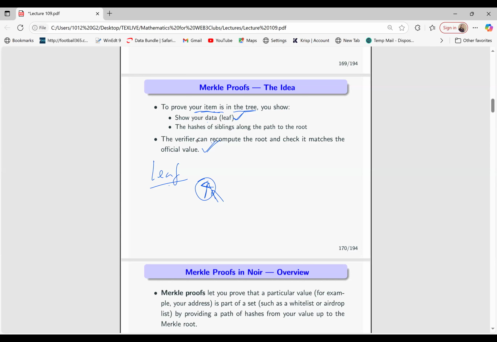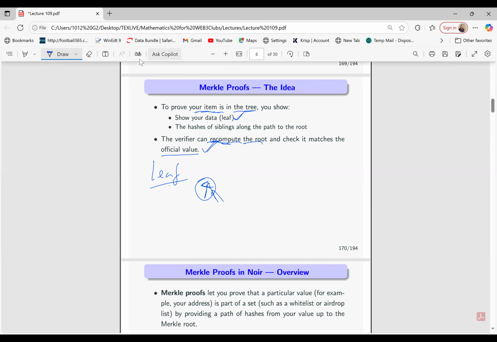But this verifier can recompute. Of course, there will be some other public information accessible to this verifier. So using that, the verifier can recompute the root and check if it matches the official value. The official value means the public value that is accessible to the verifier.